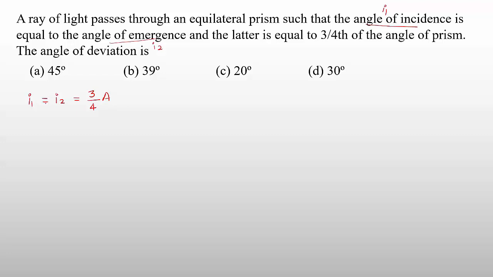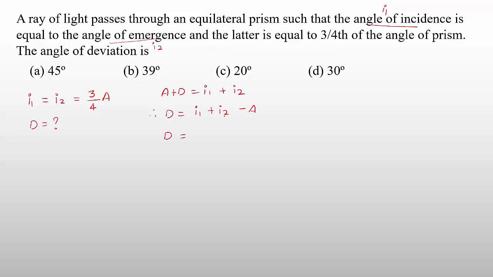Now we have to calculate the angle of deviation, that is capital D. Now we know the relation, that is A plus D equal to I1 plus I2. This relation we can use here. So we want D, therefore D equal to I1 plus I2 minus A. Substitute the value.